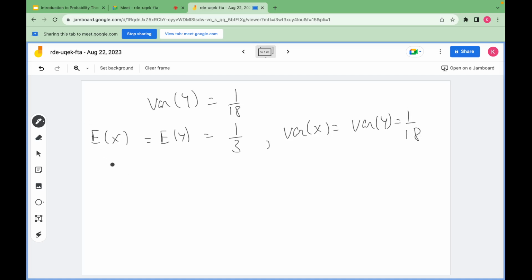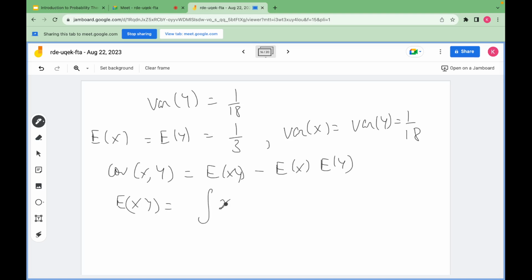Now we know that covariance of x comma y is expectation of x y minus expectation of x into expectation of y. This expectation of xy is the integral of x into y into the joint probability mass function of x comma y, dx dy, where x and y are varying from 0 to 1.